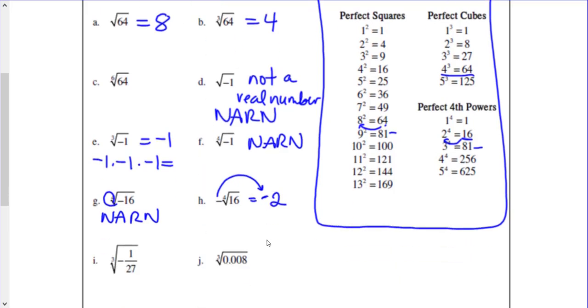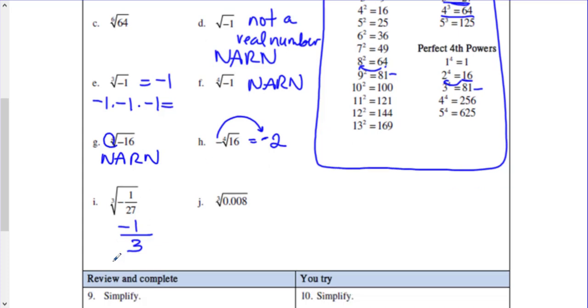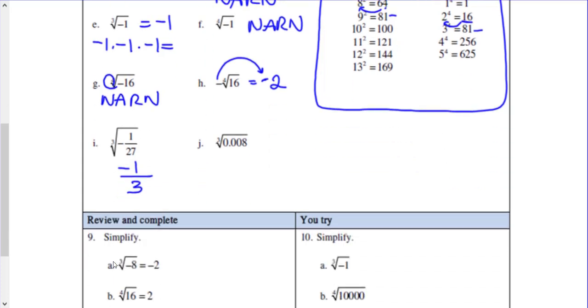Let's look at this fraction down here. The cube root of -1/27. So the cube root of -1 is going to be -1. And then the cube root of 27, here's 27, its base is 3, so that'd be -1/3. You can do the decimal ones on your calculator and make it much easier.